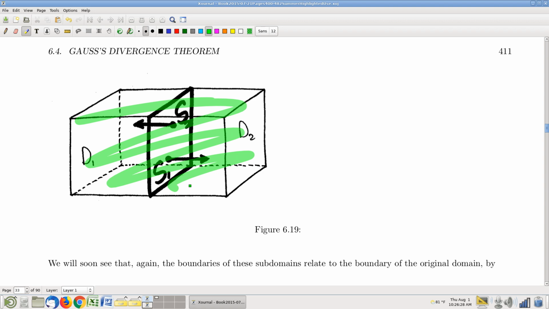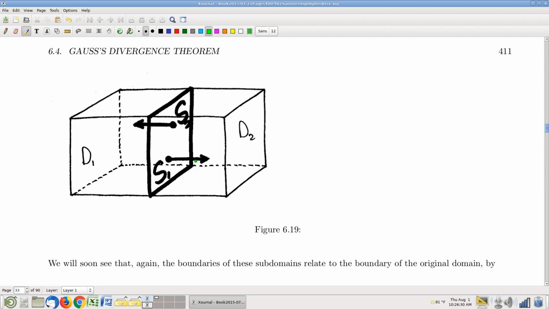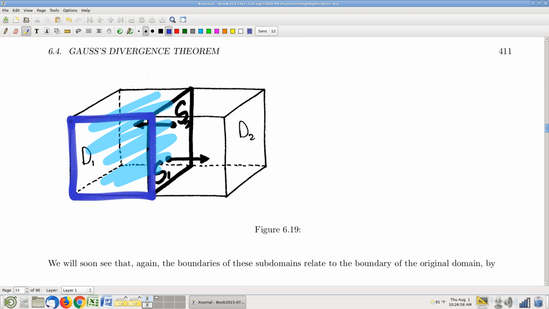It's a matter of writing it all down. Now, again, we could give names to all of these faces and assign orientations and do all this algebraically, but I think it's much easier just to draw the picture of what these boundary faces look like, draw arrows indicating the orientations, and just look at the pictures. So let's start with this left half. That left half has a bunch of faces. There's this face there, oriented that way.